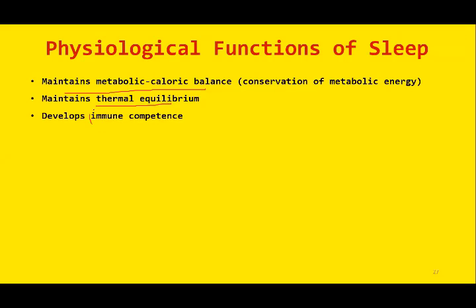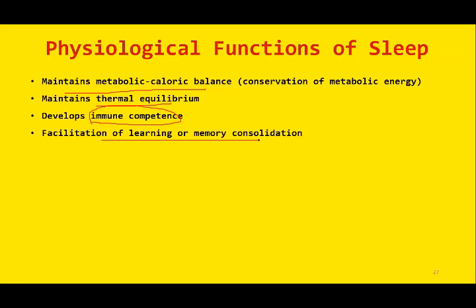And this develops our immune competence as well. So sleep has its role in development of immune competence. And recent research indicates that sleep also promotes learning or memory consolidation.